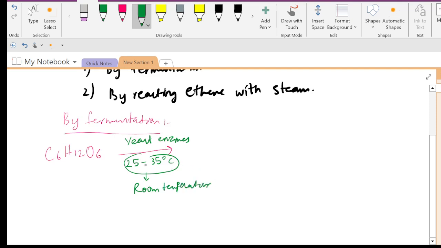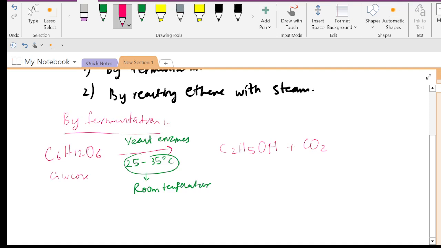So what happens? This glucose, in the presence of the yeast enzyme at room temperature, will convert into ethanol, that is C2H5OH, and the second product is carbon dioxide, right?